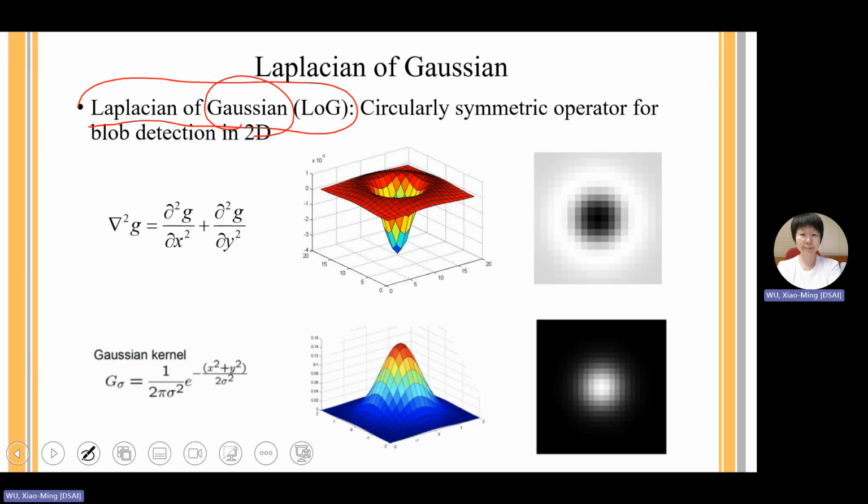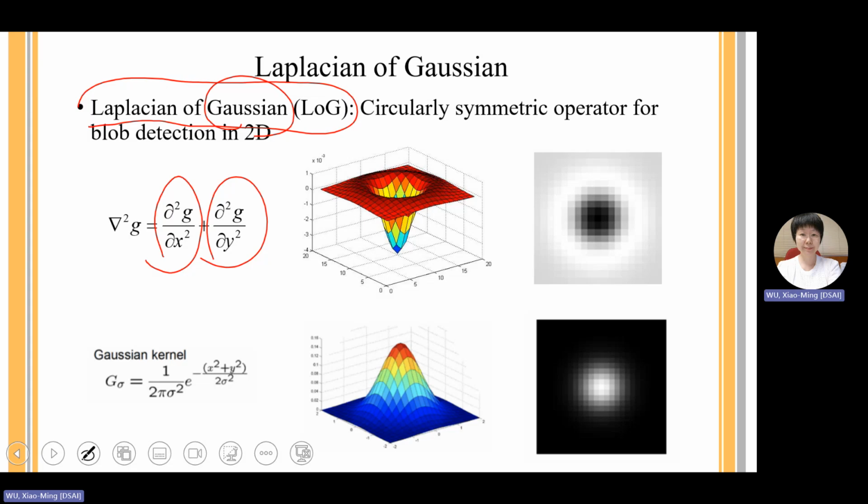So the Gaussian function is magical. Laplacian of Gaussian can be computed by second order derivatives. When we do edge detection or corner detection, we apply first order derivatives. But here, Laplacian of Gaussian involves the computation of second order derivatives, the second order derivative of the Gaussian function.